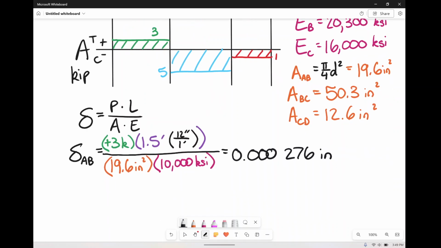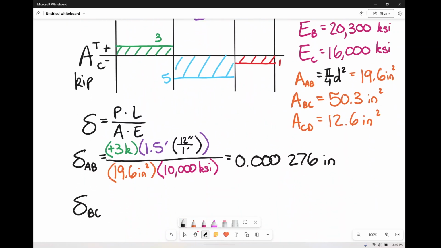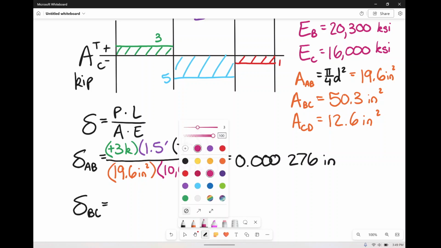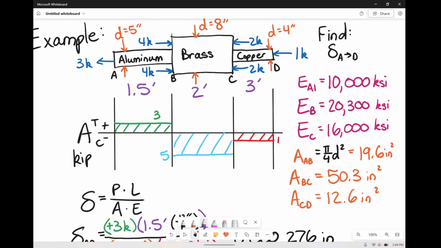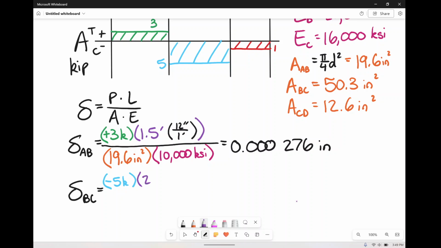Cool, same thing, different numbers. That's all we're doing. One more time. We're going to find the deflection from B to C. This is in the brass region now, right? So for the brass region, if I look above us, our load is -5. So -5 kips. Then we have a length, that purple length there, which is now 2 feet. So 2 feet, and again, we don't like feet, so we turn that to inches, 12 inches in 1 foot. Divided by our area for brass in the BC range, which was 50.3 square inches.